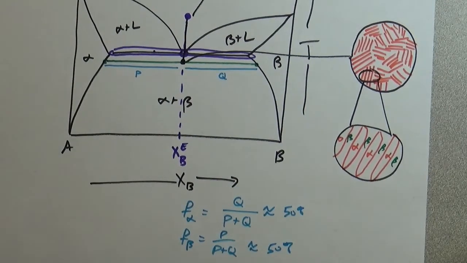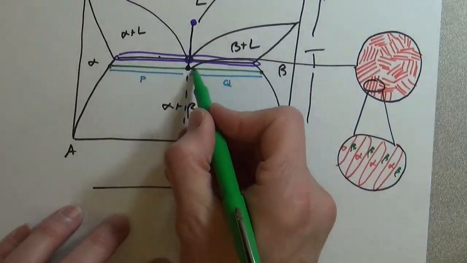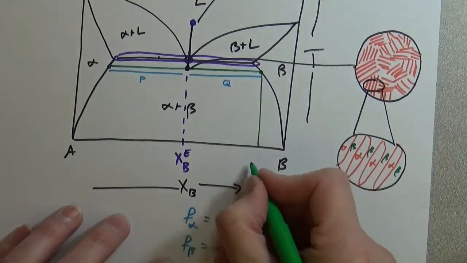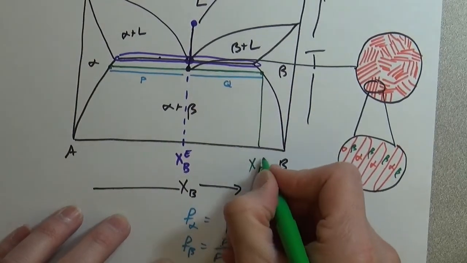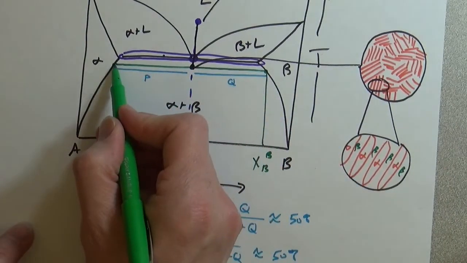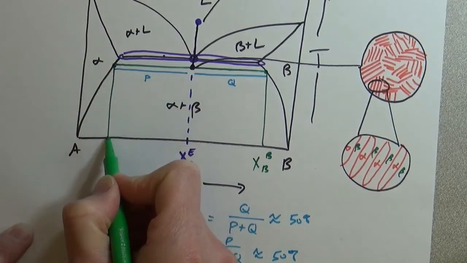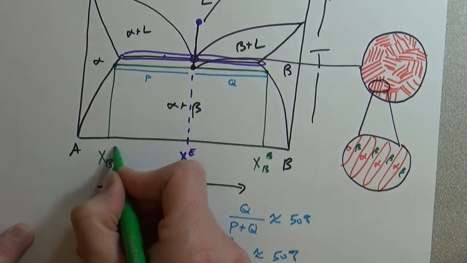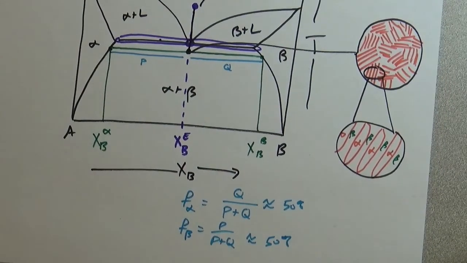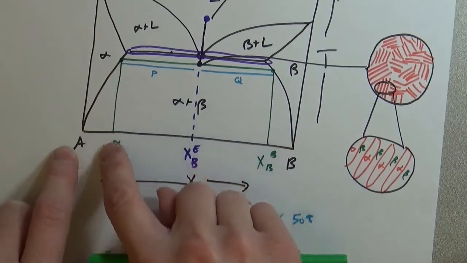Okay, what about the composition? Well, the composition of the beta we can determine by going over and then drawing a line down. So this is going to be X_B^beta, and the composition of the alpha is determined by drawing over to where we touch the phase boundary and drawing a line down, X_B^alpha. So this means that the alpha phase is very A-rich, right?